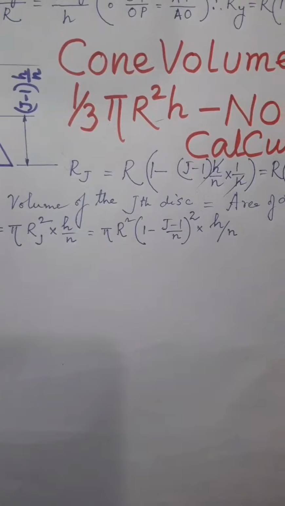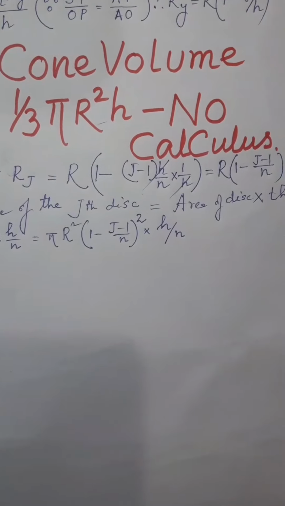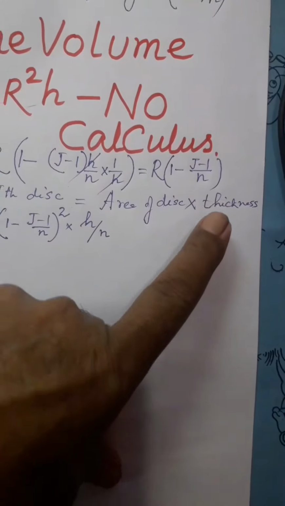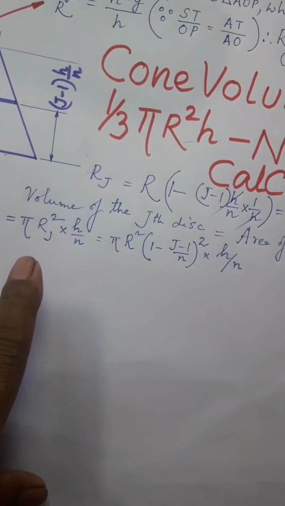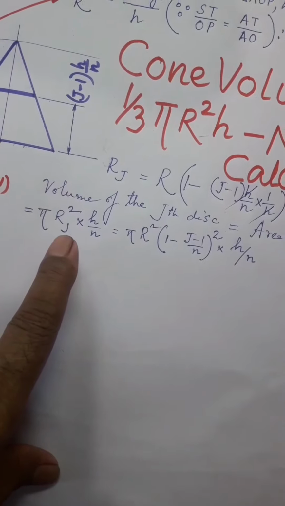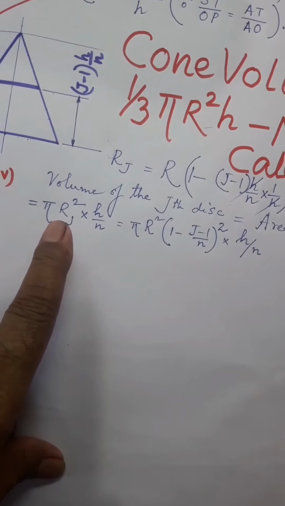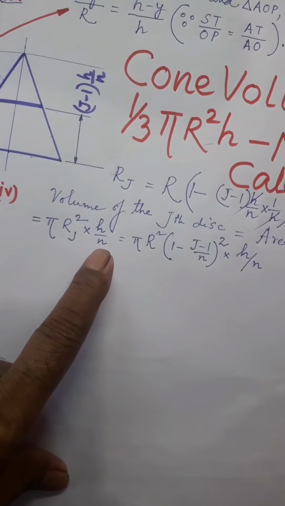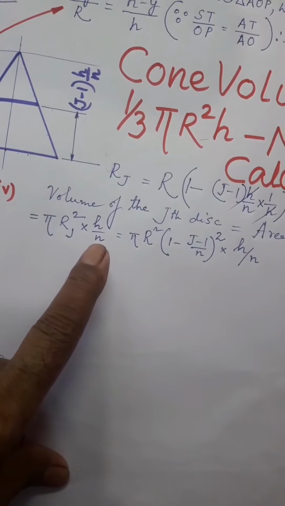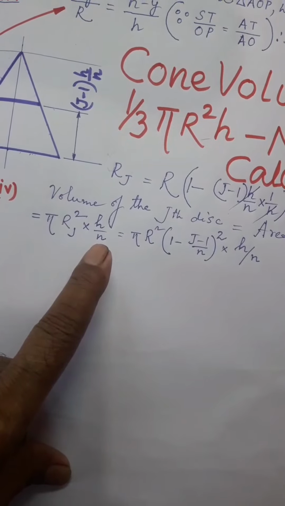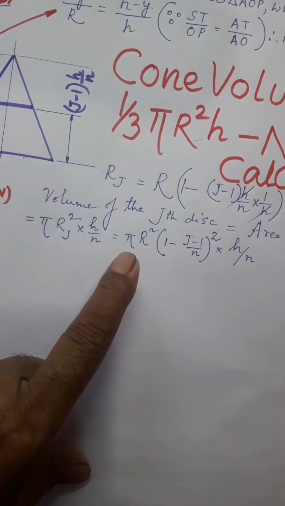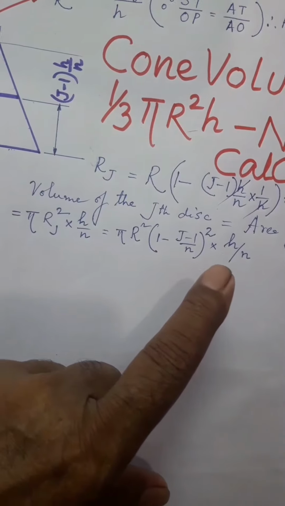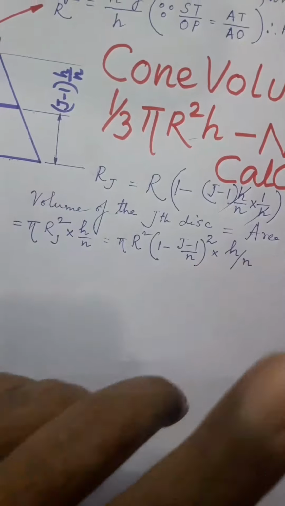Naturally, the volume of the jth disc will be the area of the jth disc multiplied by the thickness, that is pi into rj square, that is the area of the disc, multiplied by the thickness h by n, because all such discs are only h by n thick. So it equals pi r square into (1 minus (j minus 1) by n) whole square multiplied by h by n.